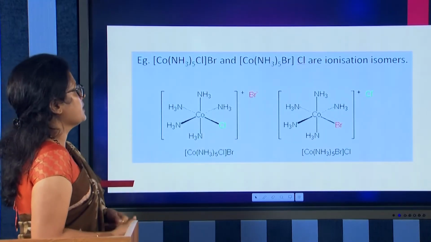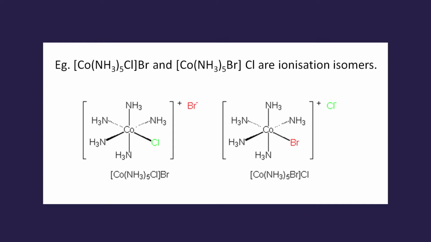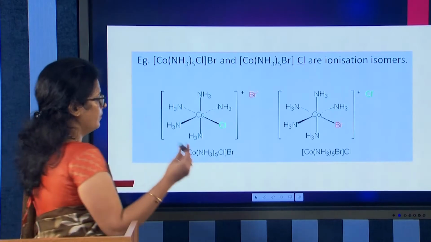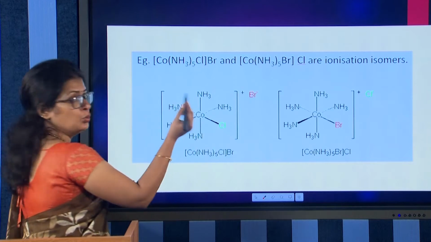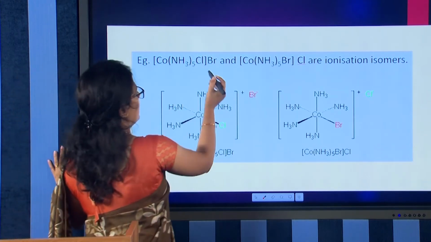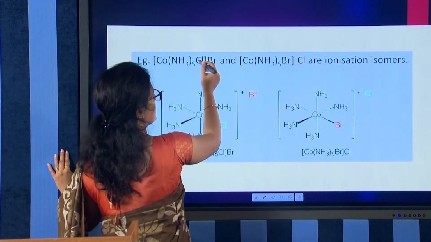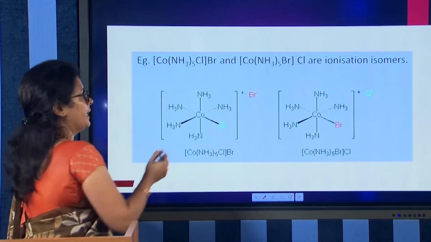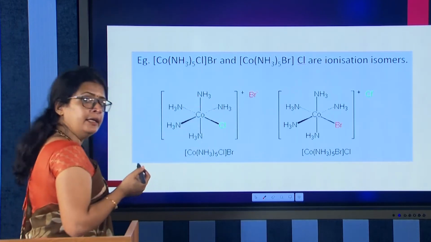See the example, [Co(NH3)5Cl]Br, it is one complex, and now another coordination complex is [Co(NH3)5Br]Cl. And what is the difference between these two isomers? When we look into the two complexes, you can see that in this complex the Cl is inside the coordination sphere, that is, the Cl is a ligand here.